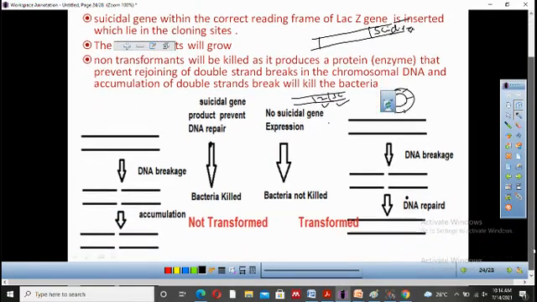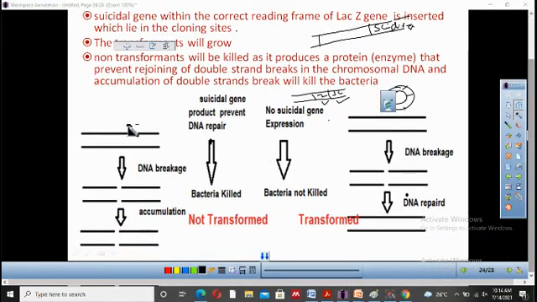So here some of the concepts are there. This is the plasmid DNA, or any DNA. When the suicidal gene product is synthesized, then in the usual process, when a DNA breaks, it forms a breakage in the DNA. But due to the presence of the suicidal gene product, it will prevent the DNA repair mechanisms.